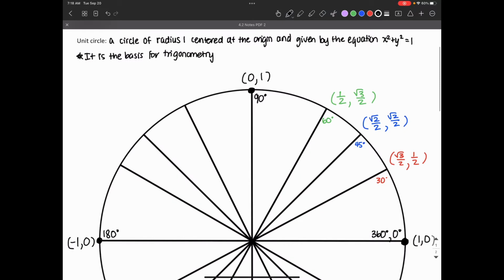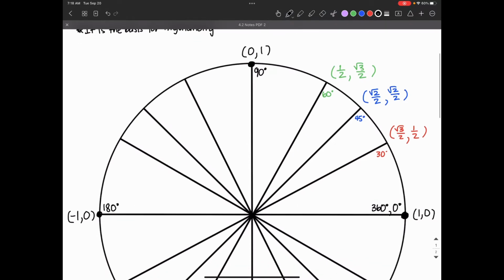Okay, now that I've labeled the first quadrant, I should be able to very easily find everything in the other quadrants. This terminal side here makes an angle of 30 degrees with the positive x-axis, or with the x-axis. So does this terminal side here. This angle is also 30 degrees.